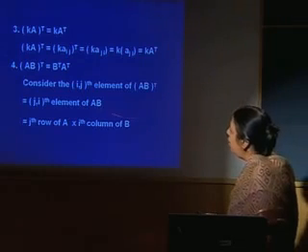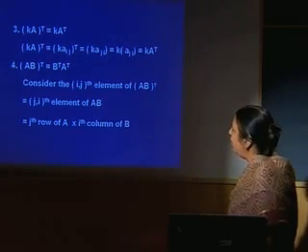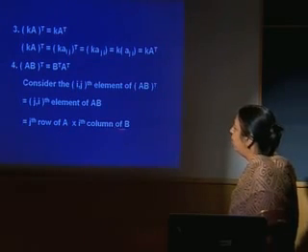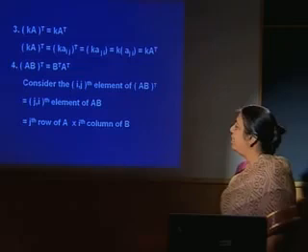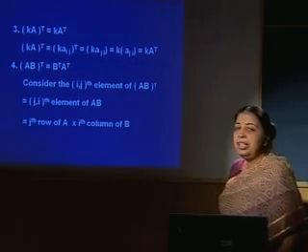Now by definition of multiplication we can say that the jith element of AB is nothing but the jth row of A multiplied by the ith column of B, because we said that matrix multiplication is row multiplied by column.